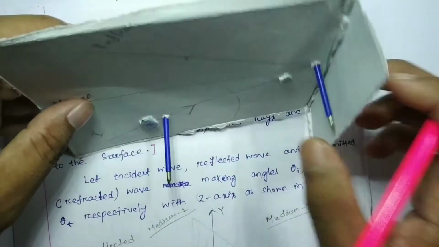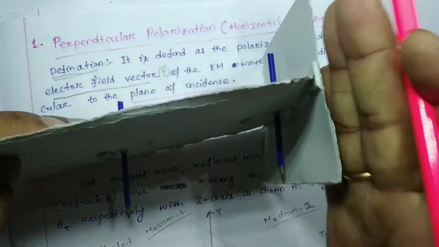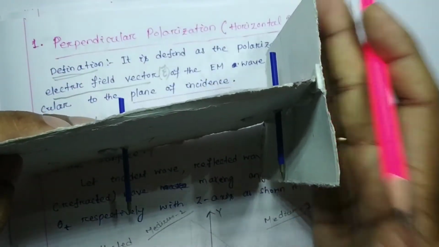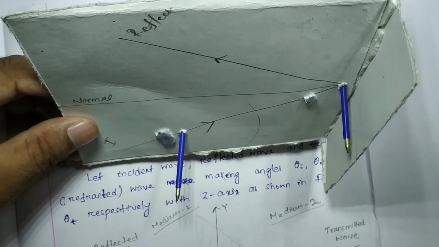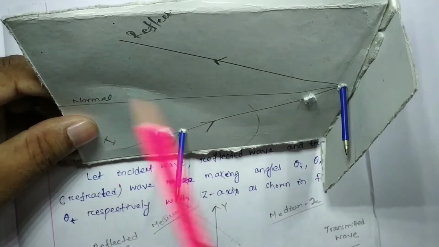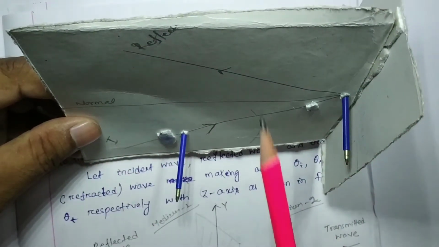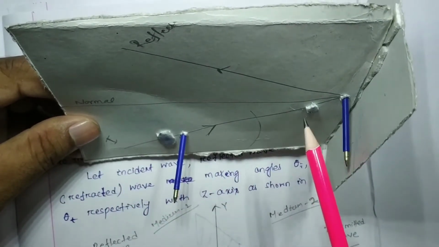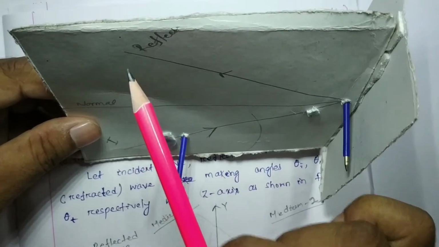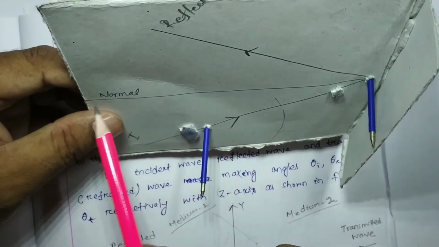If this is the interface, then this will be called your plane of incidence. This plane of incidence contains the incident wave, the reflected wave, the transmitted wave, and also the normal.